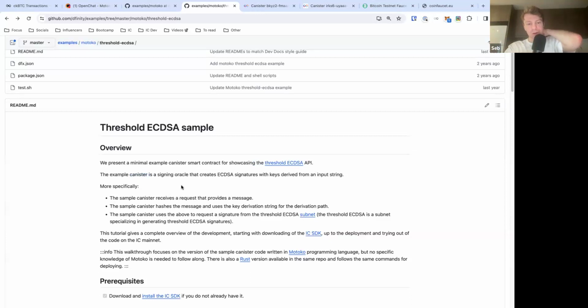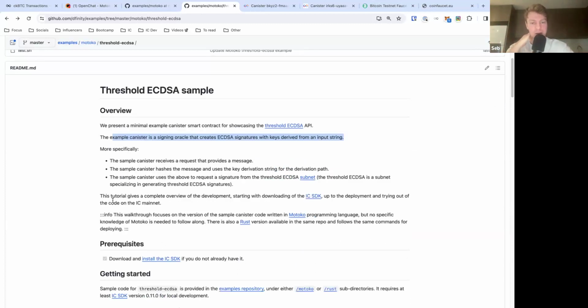For example, this one is an oracle. Yesterday we talked about oracles, we talked about Orally network. Essentially they are able to create ECDSA signatures on any message, and then this can be broadcasted and verified by any entity outside of the IC.